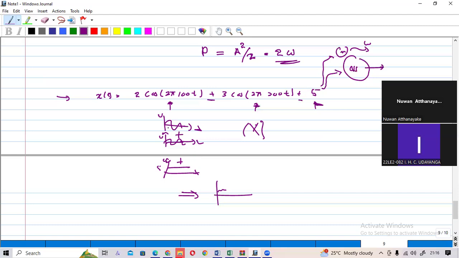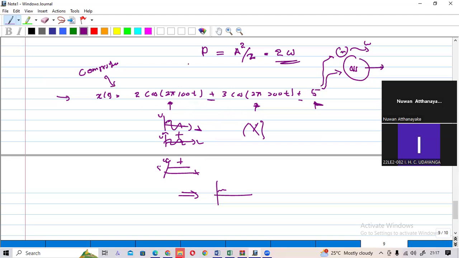You have to get point by point to add. So you will not be asked to draw the waveform of this kind of signal. This is what we normally call a composite signal. So you will not be asked to draw the composite signal waveform.